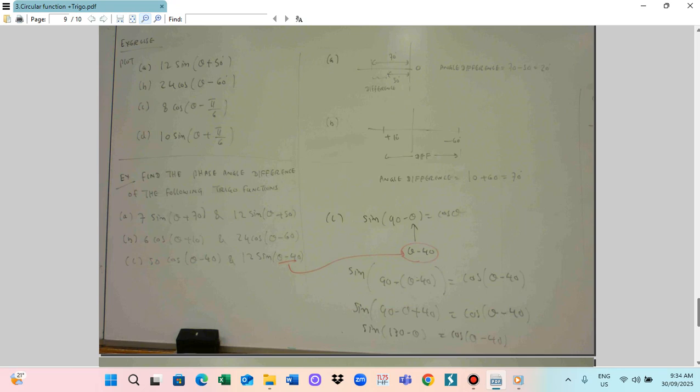So then we saw this one, sine 90 minus theta minus 40. How do we get it? So sine 90 minus theta, and we're going to add plus 40, is equal to cos theta minus 40.